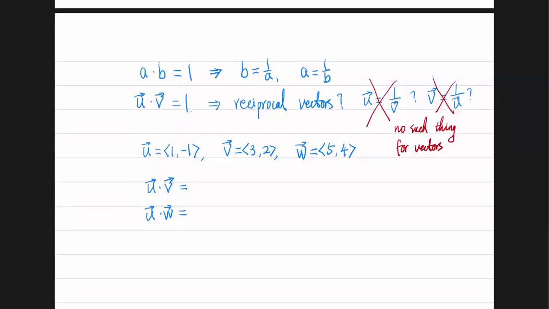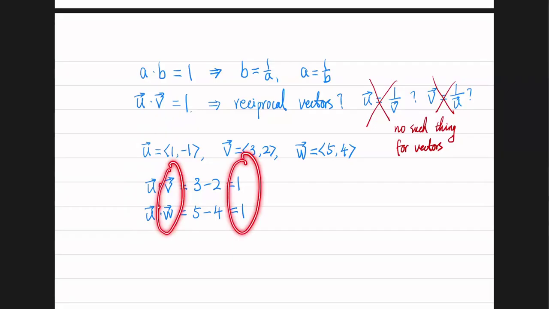And Amy, your turn. How do you find the dot product? The first one would be 3, 9 minus 2. That's just 1. Then the second one is 5 minus 4. That's also 1. So we can see the same vector dot product with different vectors. We all get 1.